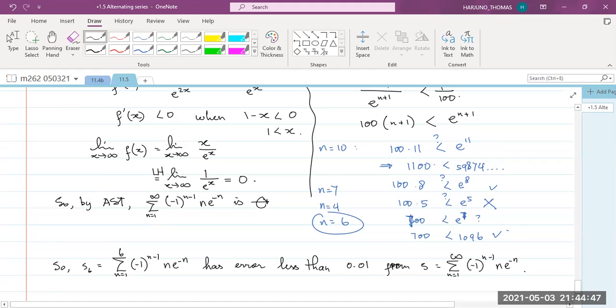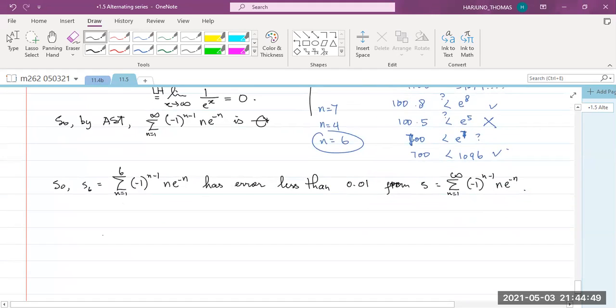Last one before we go, number 29. Approximate the sum to 4 decimal places.